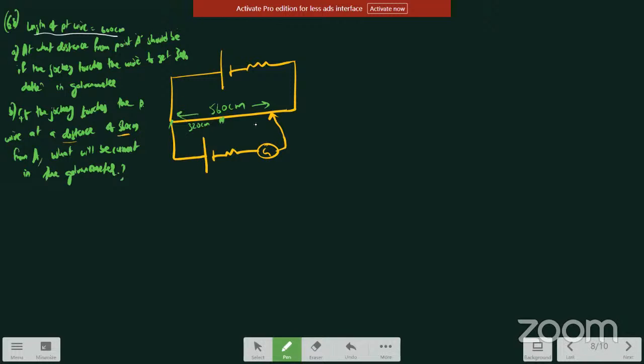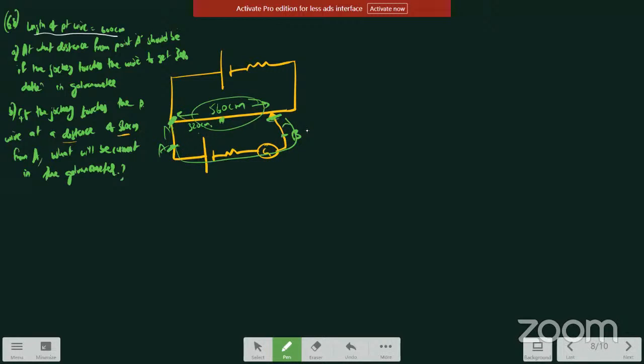Now if I increase the balancing length, the potential difference across this branch A and B is increased, right? At 320 centimeter the potential difference across this branch got balanced, but here there is more potential difference. That means current will flow from this side to this side.